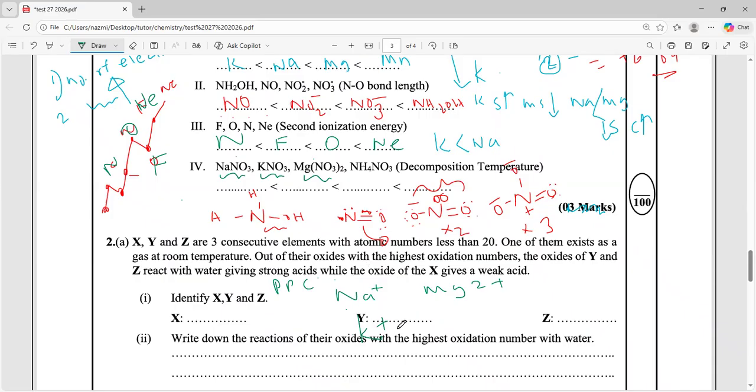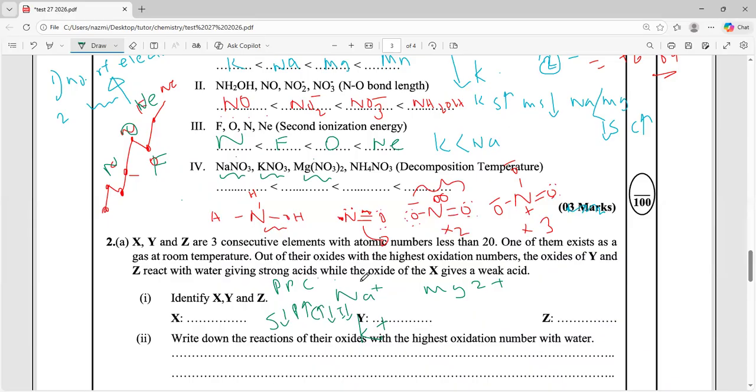Smaller size will have, now here they are talking about decomposition temperature. The charge is the same. Smaller size has greater polarizing power, then greater covalent nature, lower ionic nature, and the lower decomposition temperature.